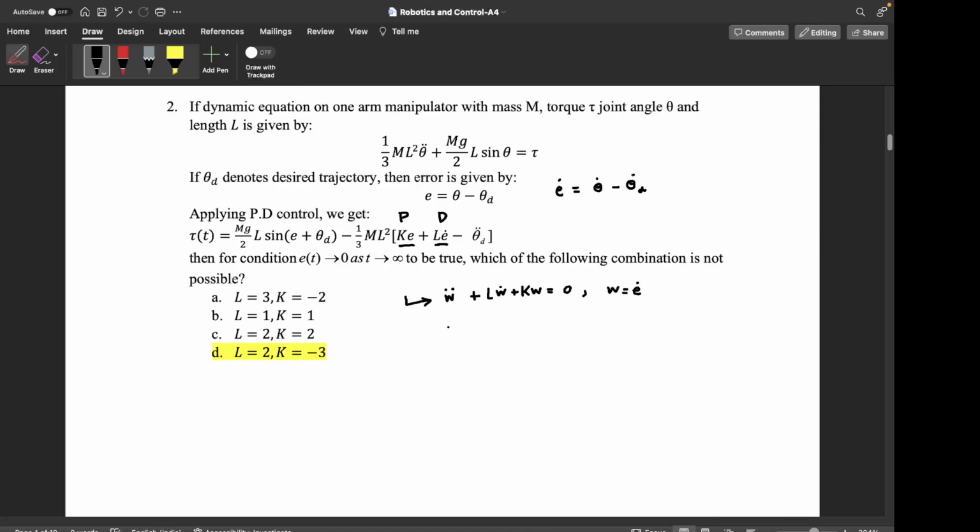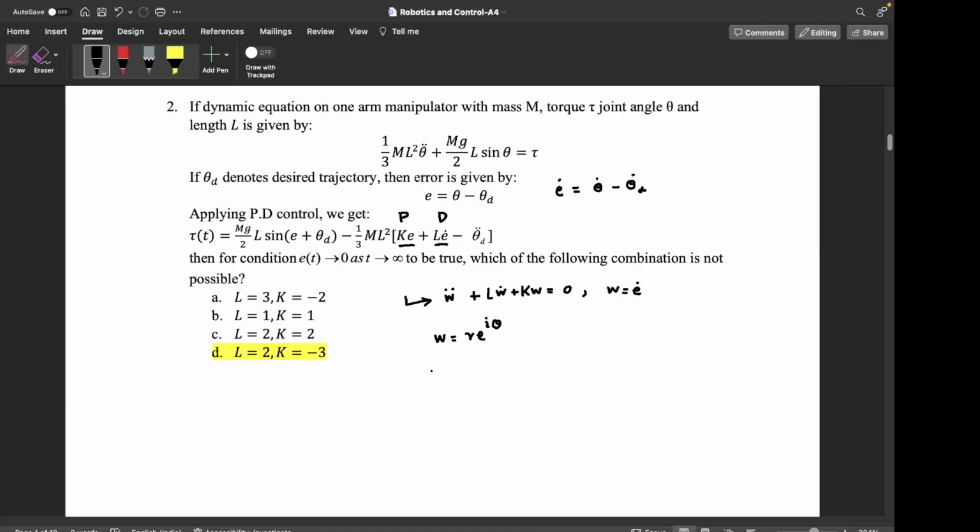This is a second order differential equation, and you solve it by substituting an expression of the form r e to the power i theta, like an Euler equation.